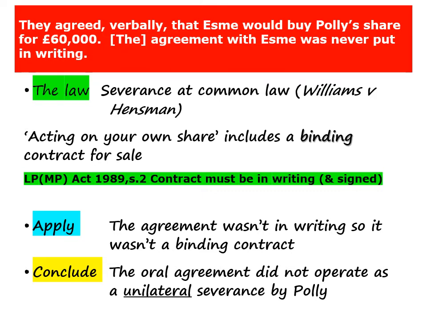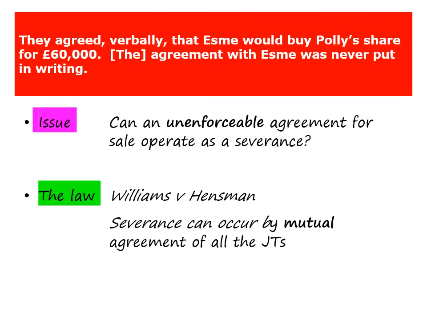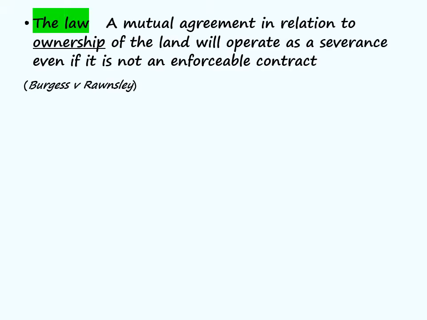So now the issue becomes, can an unenforceable agreement for sale operate as a severance? And back to Williams v Hensman, where the court confirmed that severance can occur by mutual agreement of all the joint tenants. And the main case on this is Burgess v Rawnsley.